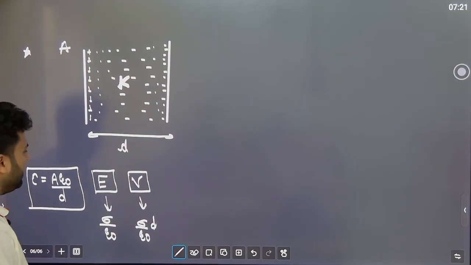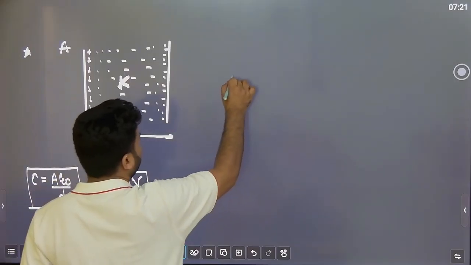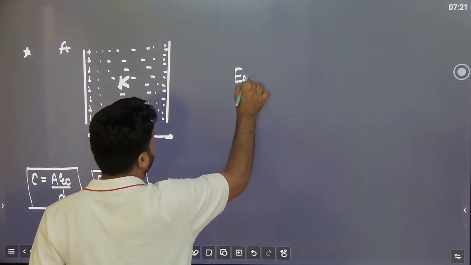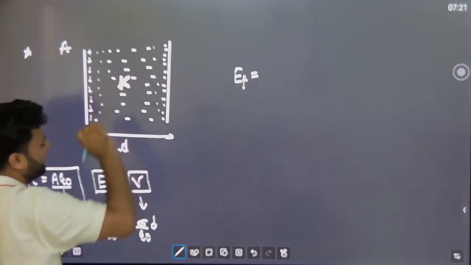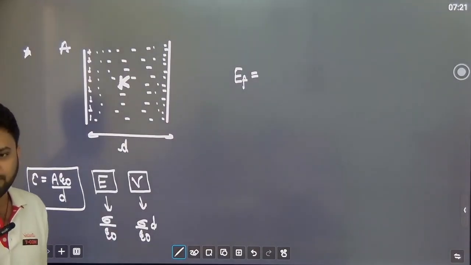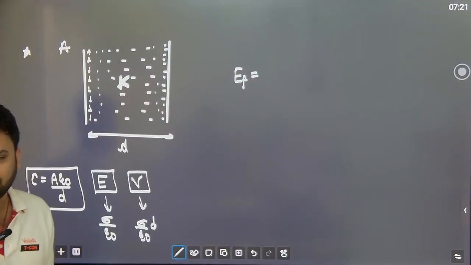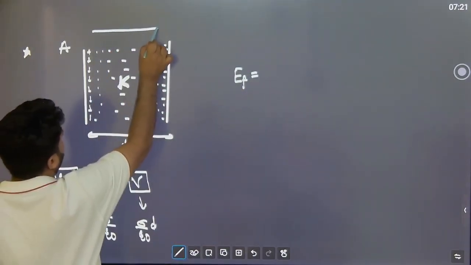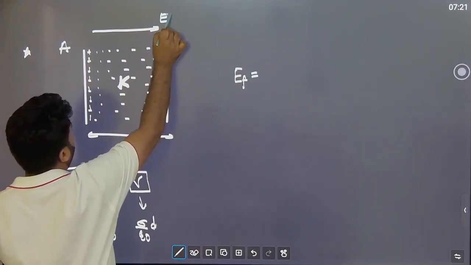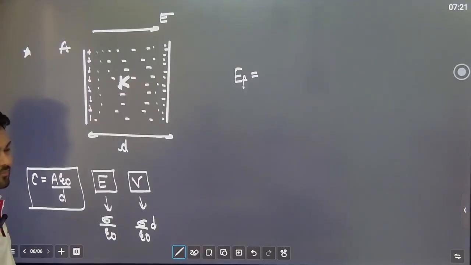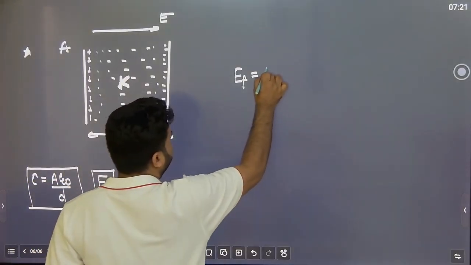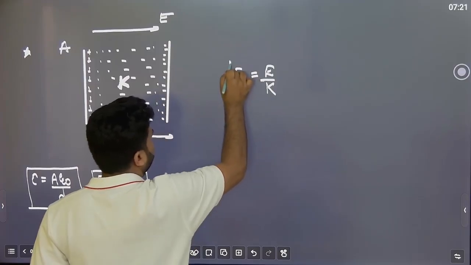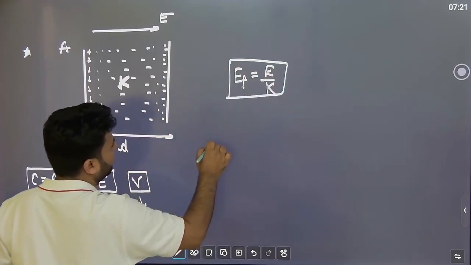Now they ask what will happen. The new electric field, E dash, or final electric field after inserting the dielectric, will be reduced by K times the initial electric field.